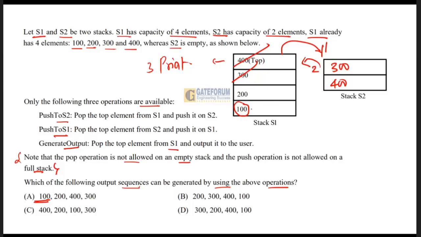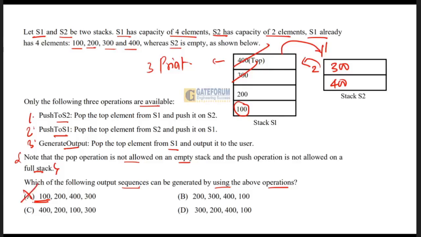In any case 100 cannot be at the front, because using operation 1, operation 2, operation 3 we cannot make this element the topmost. At the topmost, 200 can be there, 300 can be there, 400 can be there, but 100 cannot be there in any possible case. There is also no further capacity for S2, so I cannot put 200 here as well. So option A is cancelled.